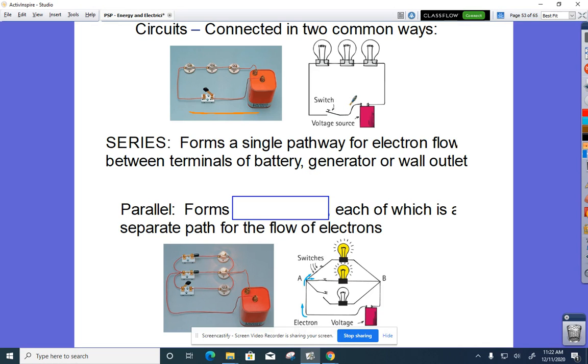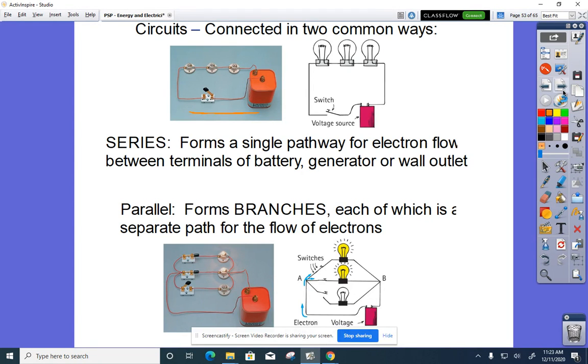A parallel circuit forms branches, each of which has a separate path for the flow of those electrons. Again, here is a visual of what you would build in the classroom versus an electrical schematic, along with what those devices would actually look like if we could draw them on a sheet of paper. Series and parallel, we're going to spend a little bit of time looking at these in more detail.